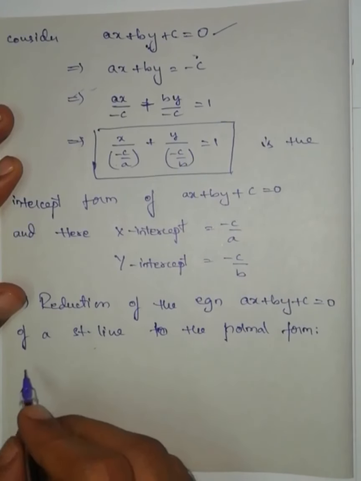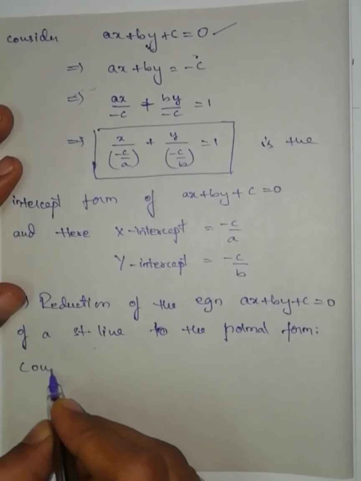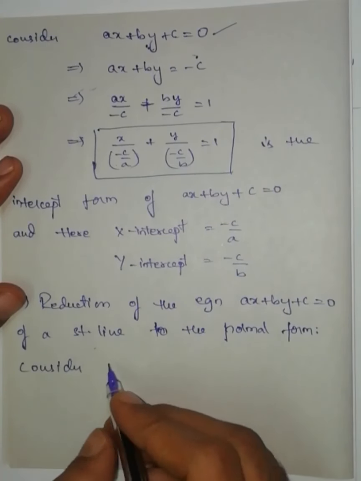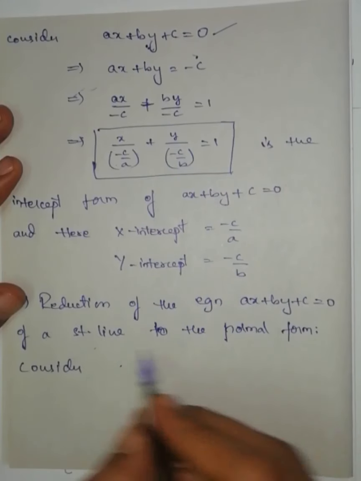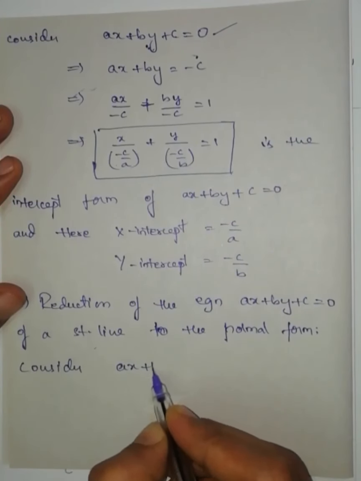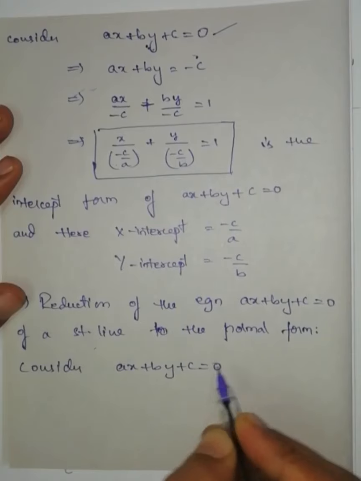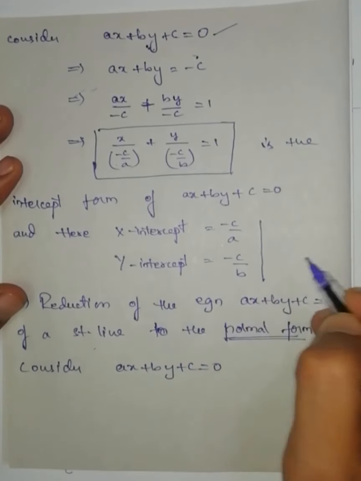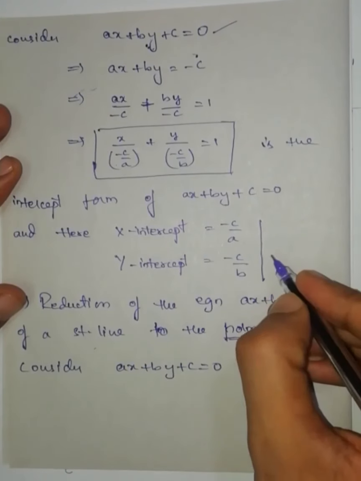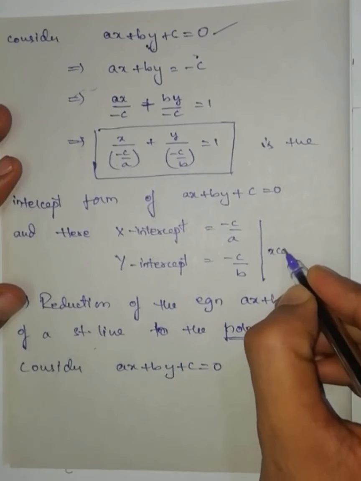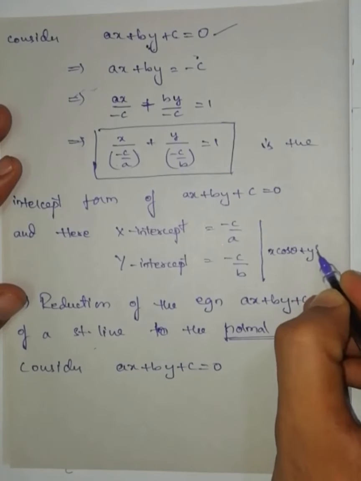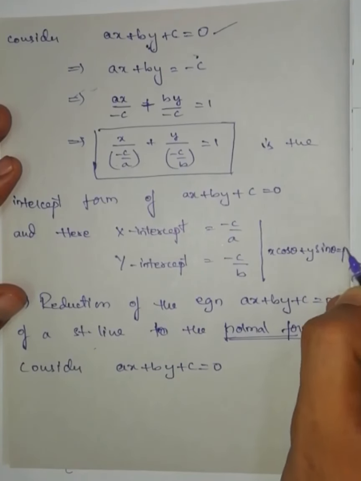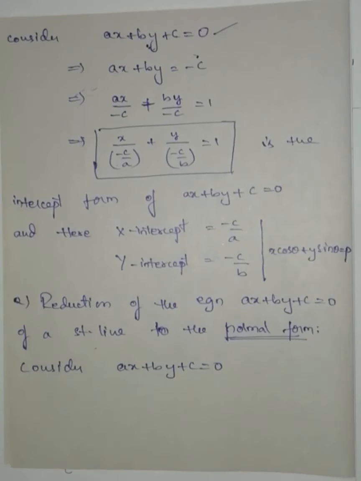So first consider the equation ax plus by plus c is equal to 0. Already we know the normal form. What is the normal form? The normal form is x cos theta plus y sin theta is equal to p, where p is the perpendicular distance of a line from the origin.